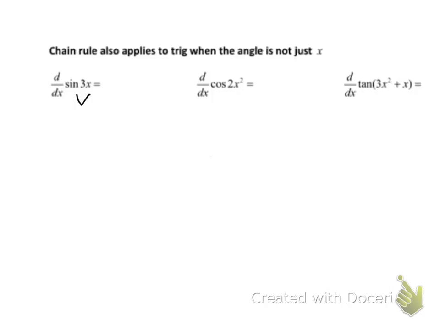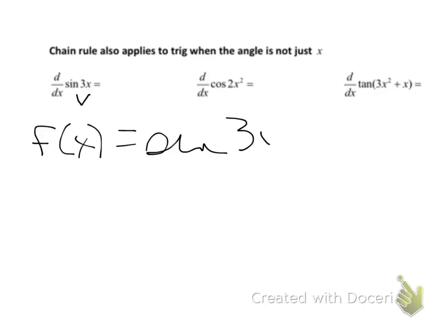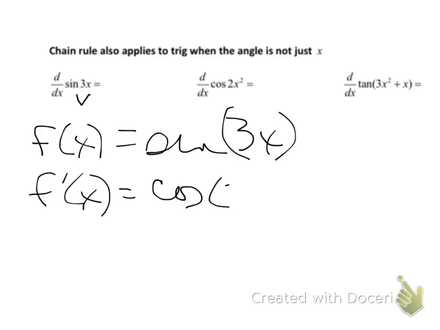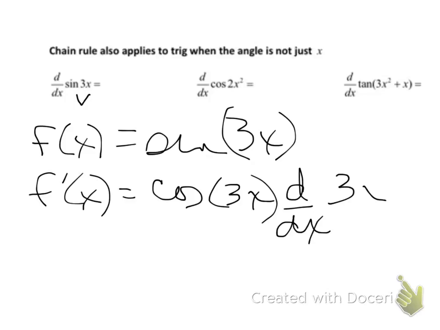if my function was sine 3x, and this 3x is my angle, my derivative is going to be cosine 3x times the derivative with respect to x of the angle itself.